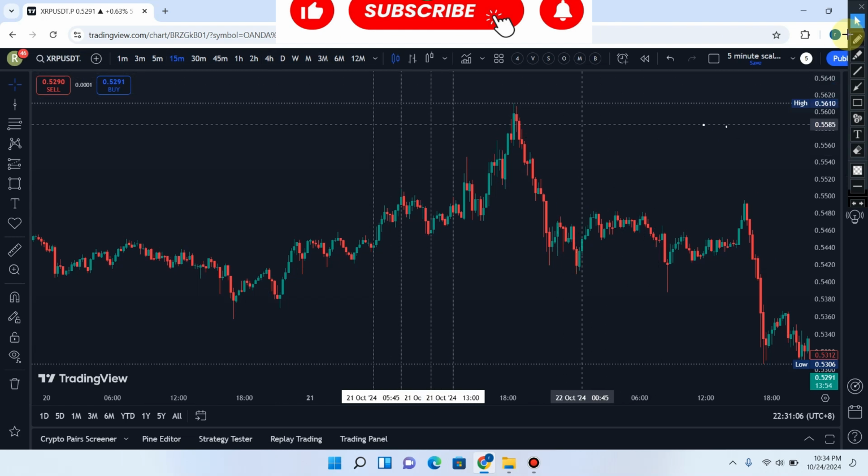So my secret on how to identify the symmetrical triangle: all I have to do is to put vertical lines. Then I will identify first the higher lows and the lower highs. The two higher lows and the two lower highs here.